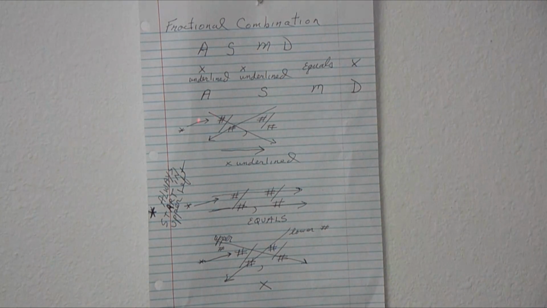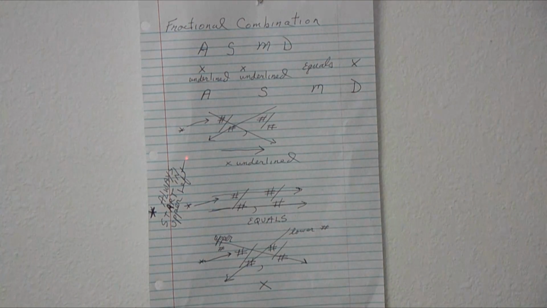The first one is right here. This is X underline. And what we have here is the upper left number down diagonally to the lower right. That multiplication is your first number, and then the second number is the upper right down to the lower left. So there's your X, this way and then this way.